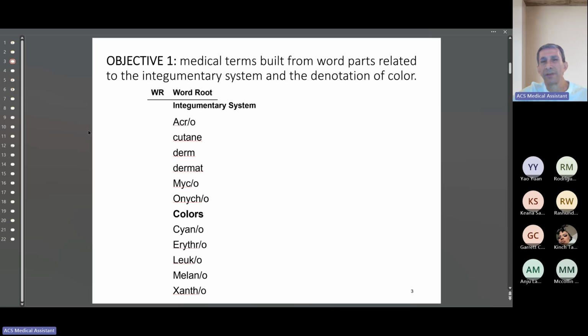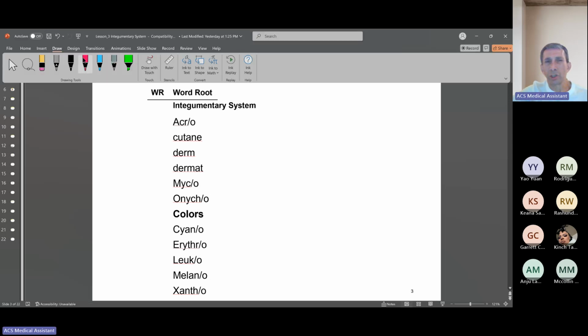Let's describe, pronounce, and give the definition for these medical terms. This medical term is a little difficult. Probably you haven't heard it before, or you heard it and probably forgot.